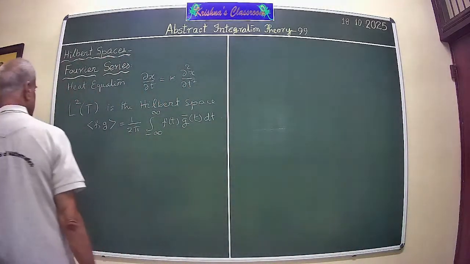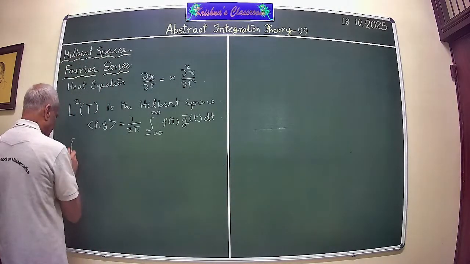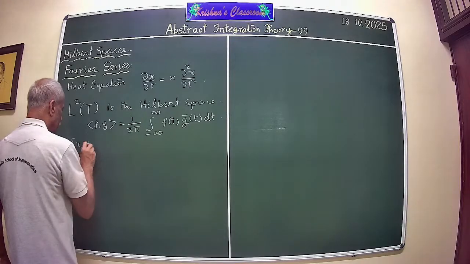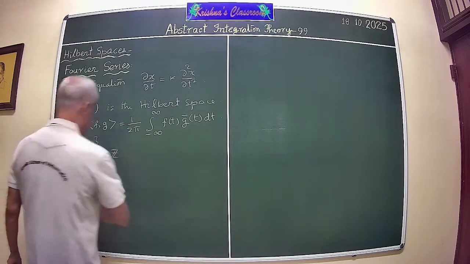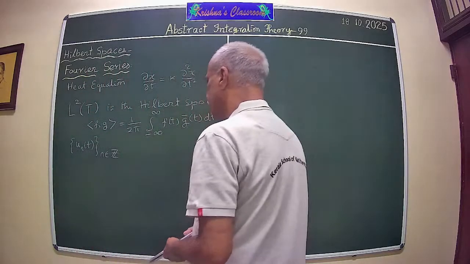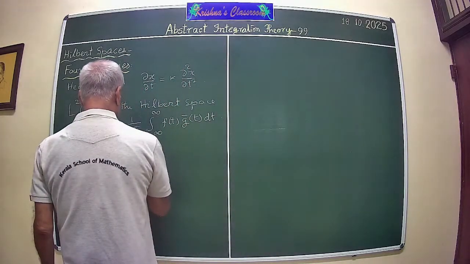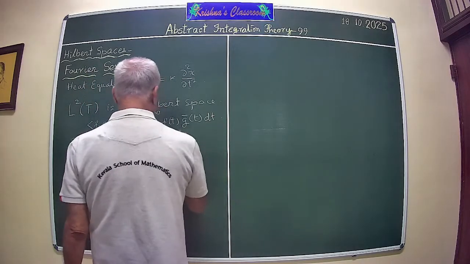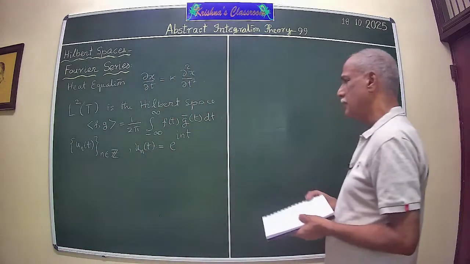Now, we have also had this, that un(t), with n belonging to Z, where Z is the set of all integers, is defined as e to the power int. These are periodic functions.